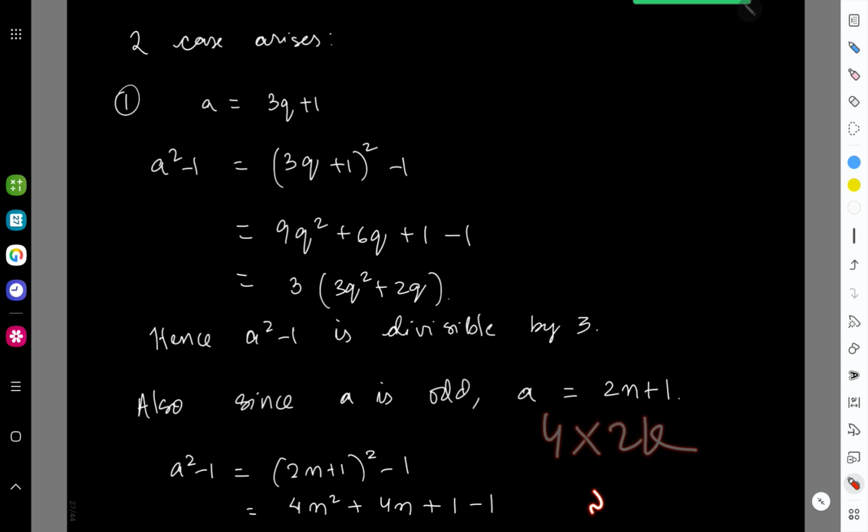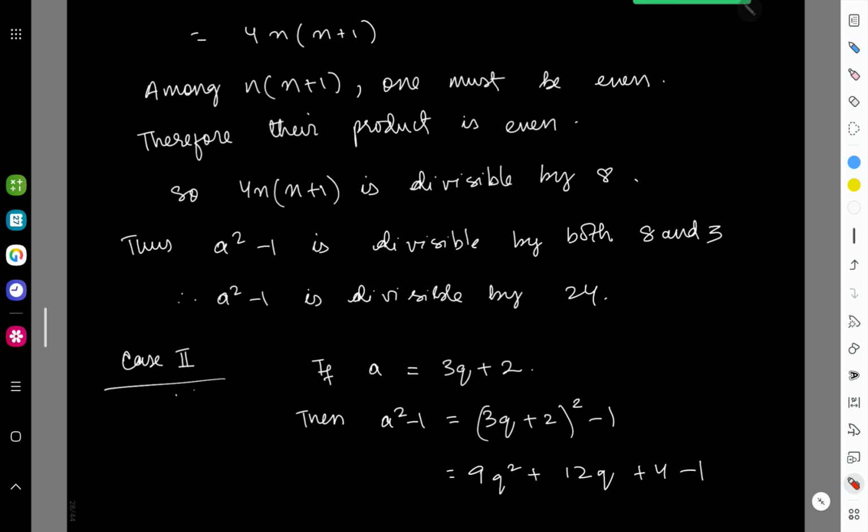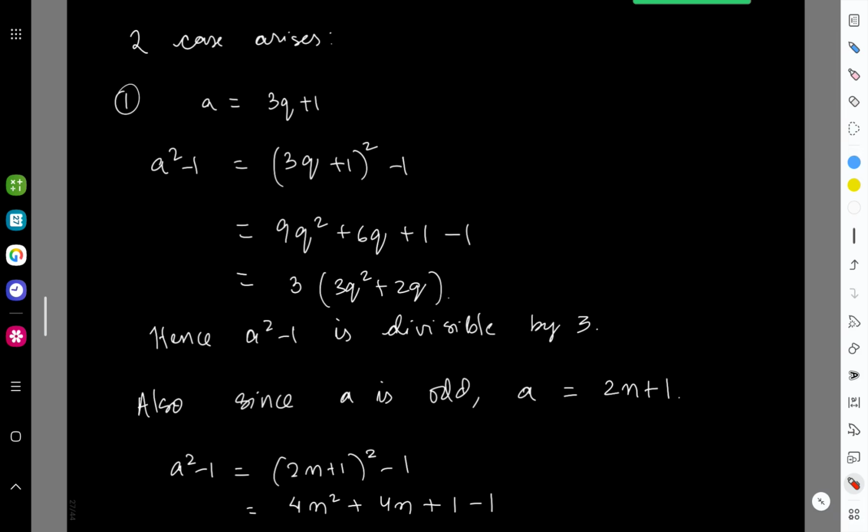Then we have 4 times 2k, that will give us 8k, and 8k can be divided by 8. So for the first case, when the remainder is 1, it can be divided by 3.